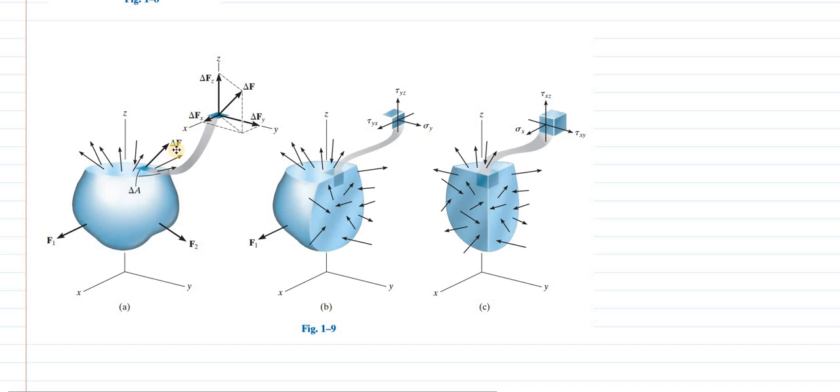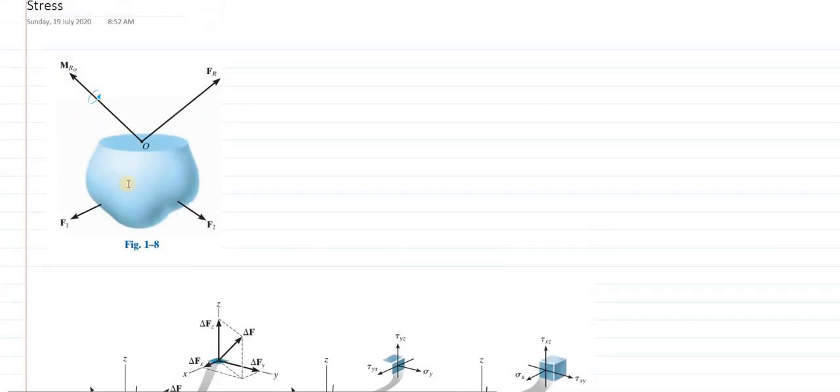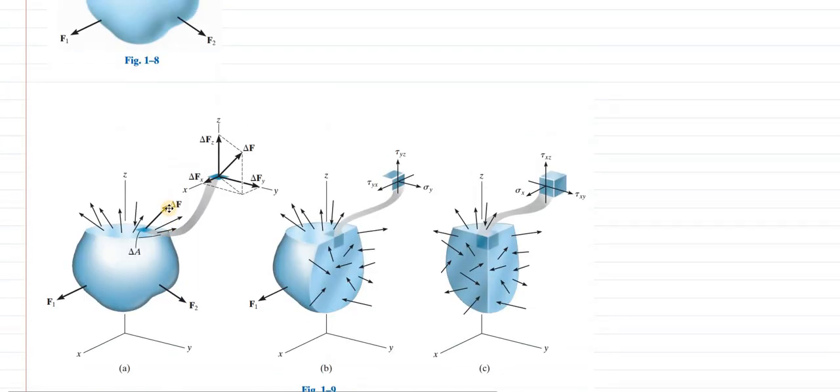Keep in mind this delta F and also this FR and MR, these are all internal loadings, internal forces. So delta F is this force acting over delta A. Now this delta F definitely has some unique direction and some unique magnitude, but we can still resolve it into components. We can resolve it in a 3-dimensional system x, y, and z.